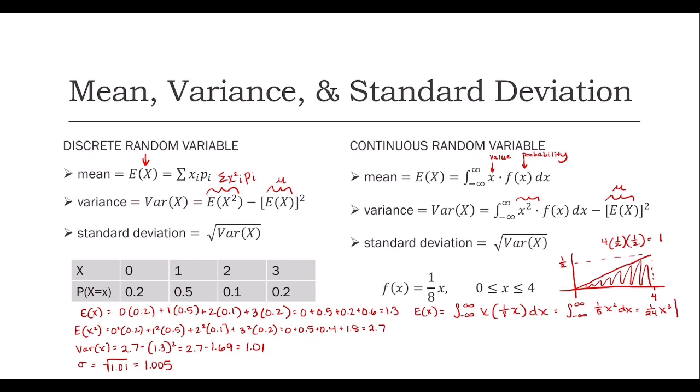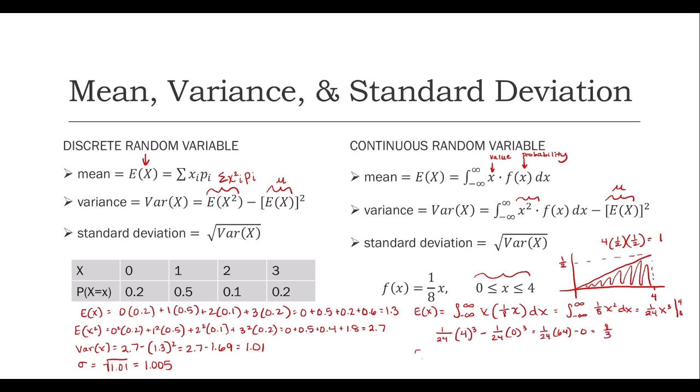And we're going to evaluate that from negative infinity to infinity, but this tells us that we're bound from 0 to 4. So we'll evaluate that from 0 to 4. So we have 1 over 24 times 4 cubed, minus 1 over 24 times 0 cubed. So this is going to be 1 over 24 times 64 minus 0, which will equal 8/3.